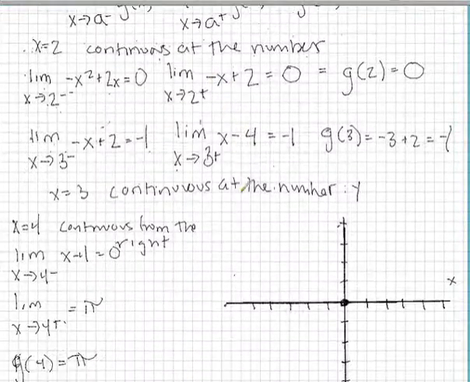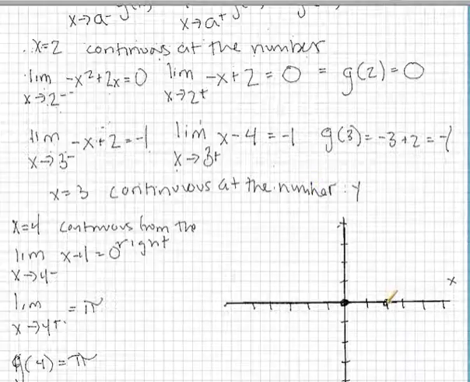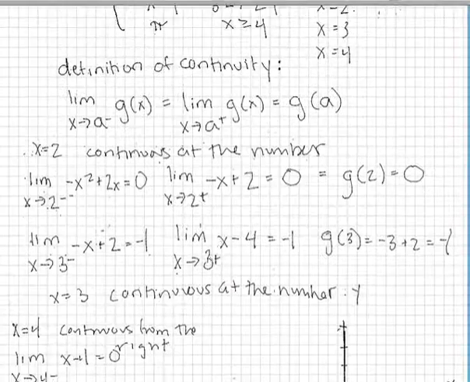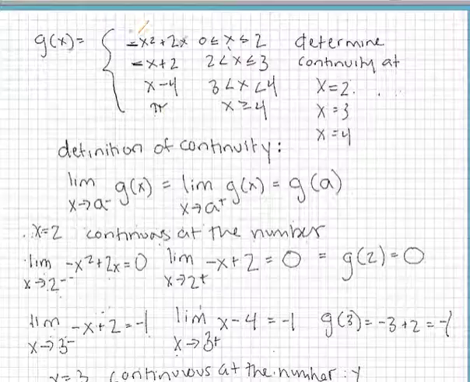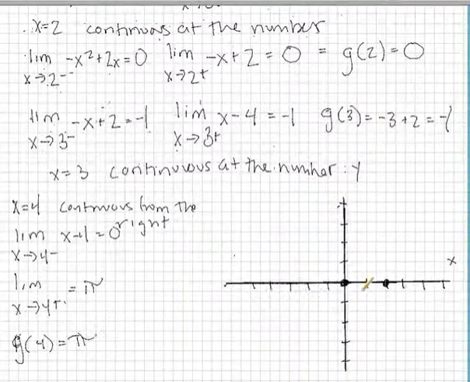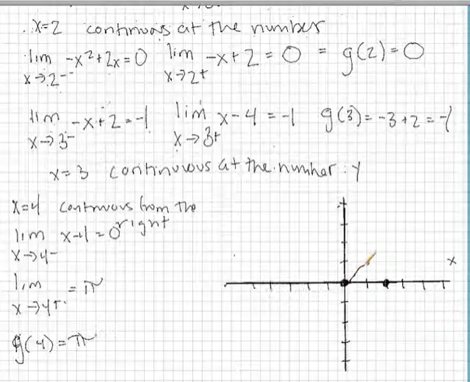So I'm going to put another closed dot at x equals 2. In between x equals 0 and x equals 2, I have a downward facing parabola. So we'll just sketch a little downward facing parabola from x equals 0 to x equals 2.